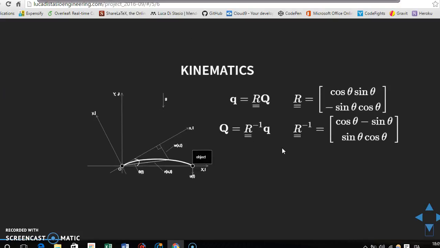So let's go on and introduce a few features of the kinematics of this problem. Let's introduce the matrix R, which defines the transformation from the inertial reference frame, capital Q, to the dragged reference frame, small q.